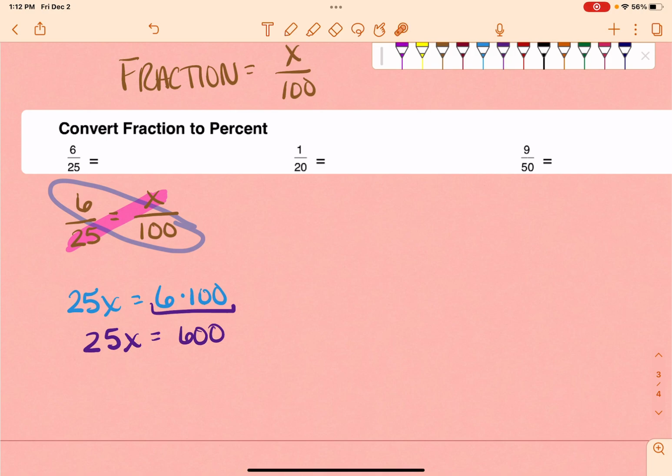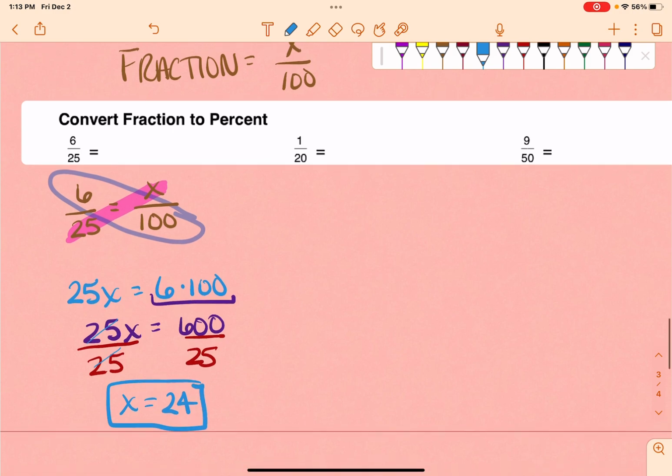And then just like the last section, to get this alone, I've got to get rid of this. So instead of multiplying by 25, I'm going to divide. And that's going to give me 24.